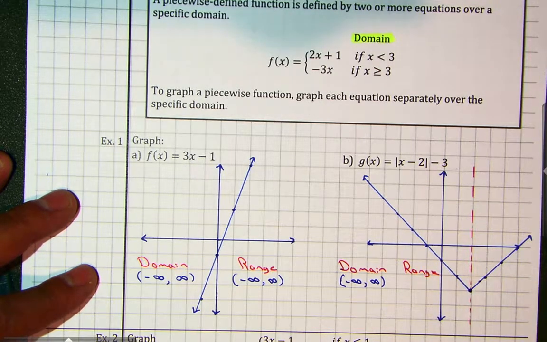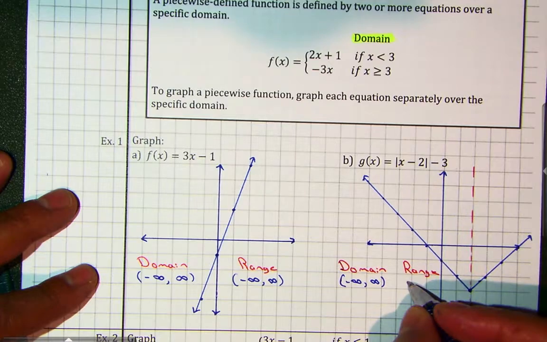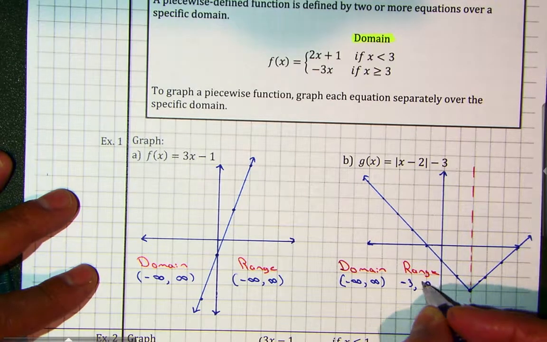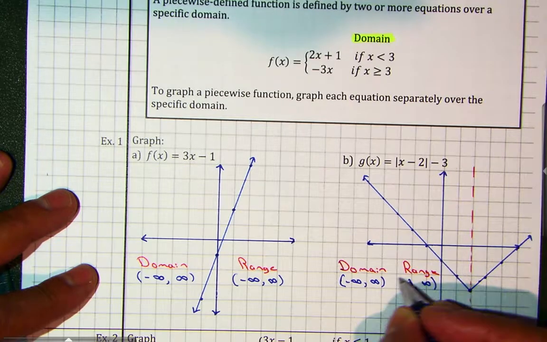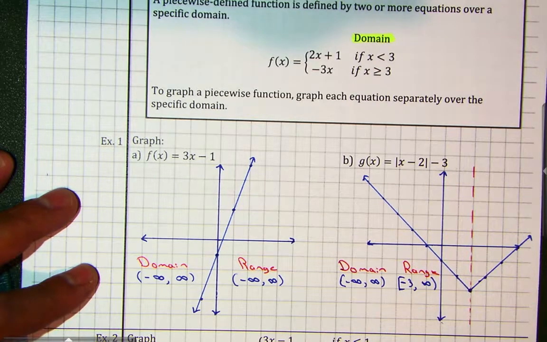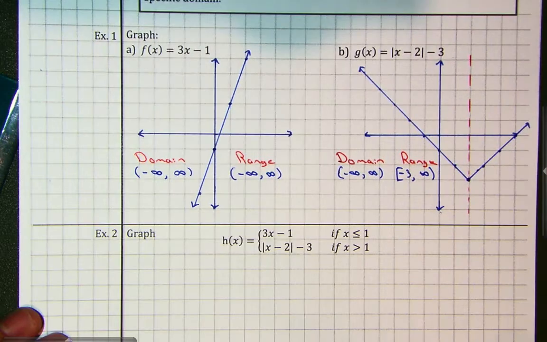So we get back values for y starting at -3 all the way to positive infinity. And remember that in this case, negative 3 is included, so we're going to place a bracket. And that will take us to example number 2.